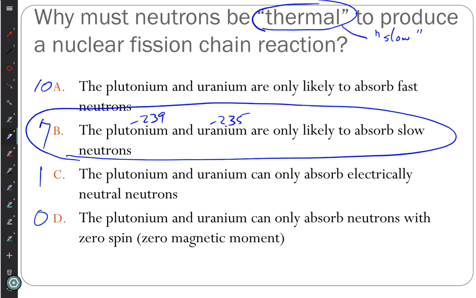The only neutrons that 238 will absorb are superfast neutrons. So superfast neutrons can then be collided into uranium-238 to go through a sequence to make neptunium and plutonium. But for fission reactions, we have to have one of those 2 isotopes, and we have to have slow neutrons that are in thermal equilibrium with their surroundings.